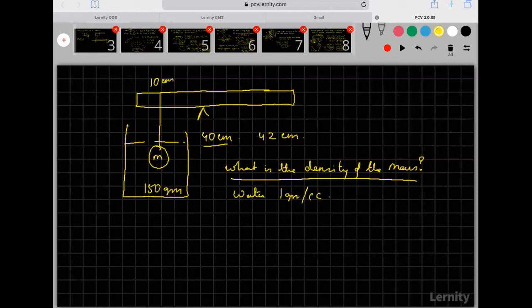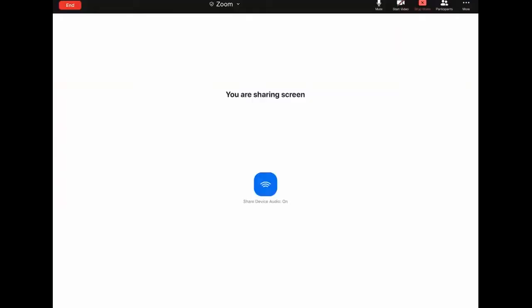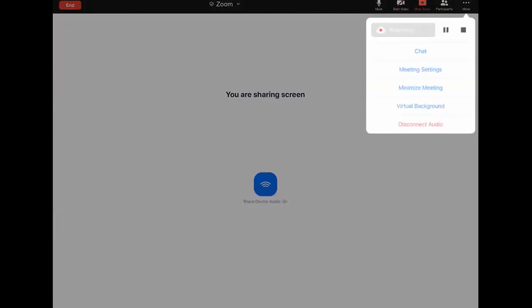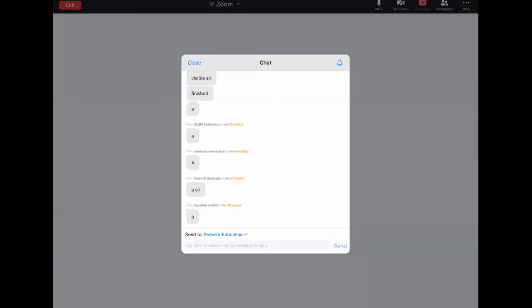Now the balance point shifted to the 42 centimeter mark. The question is, what is the density of the mass? I'm looking for your replies. Once any one of you gives me a reply, I will move up to that. So please work out something and then get it.